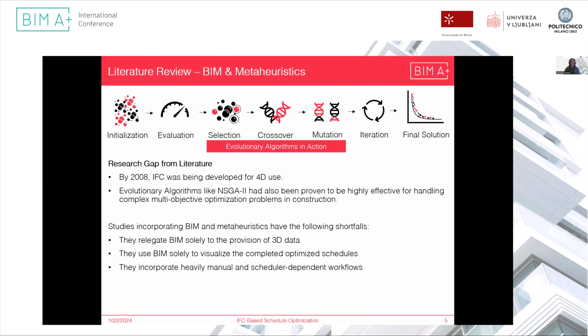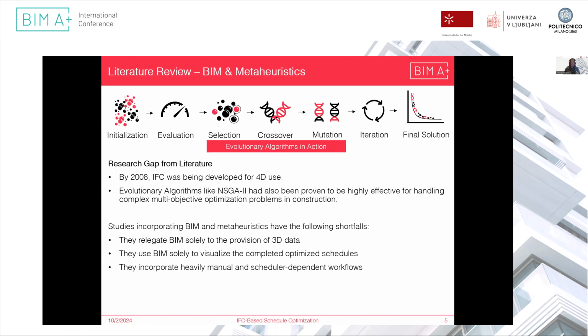From research, we found that IFC had been studied for 4D use, and evolutionary algorithms like NSGA-II, which is what we used in the study, had been proven to be highly effective for complex multi-objective and multi-constraint problems within construction.